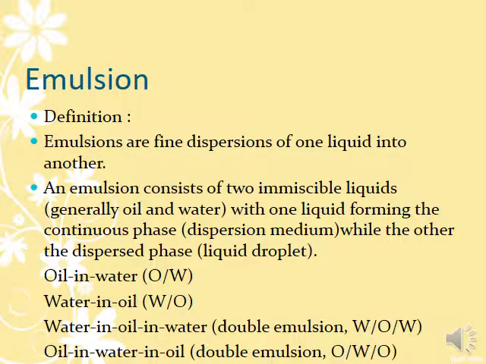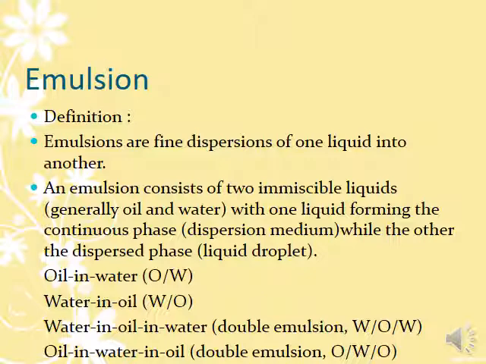Okay, next we move on to emulsion. So what is an emulsion? Emulsions are a fine dispersion of one liquid into another. Basically it involves two immiscible liquids, generally oil and water, those that do not mix. One liquid forms the continuous phase, or we call it the dispersion medium, and the other is the dispersed phase or the liquid droplets.